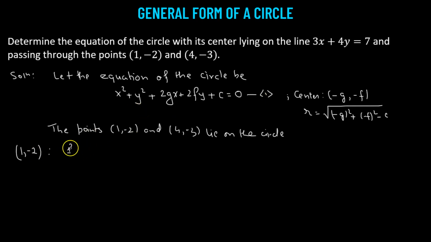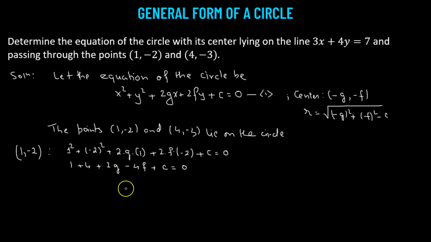So we get 1² + (-2)² + 2·g·1 + 2·f·(-2) + c = 0. So we have 1 + 4 + 2g - 4f + c = 0, so we get 2g - 4f + c = -5. Let's label this as equation number 2.